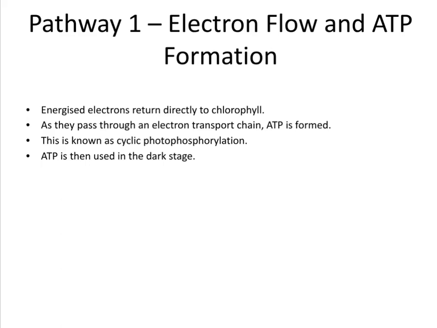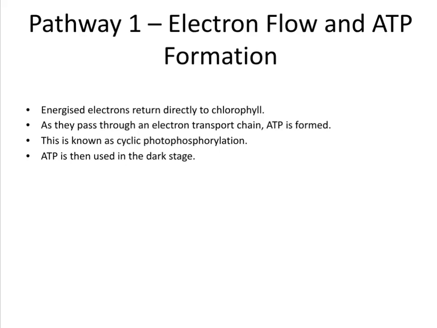Pathway 1. Electron flow and ATP formation. Energized electrons return directly to chlorophyll. As they pass through an electron transport chain, ATP is formed.